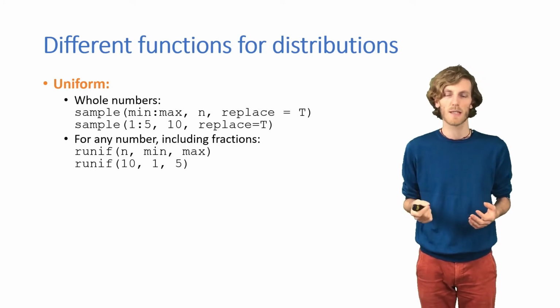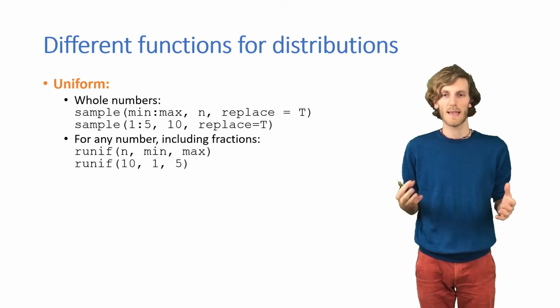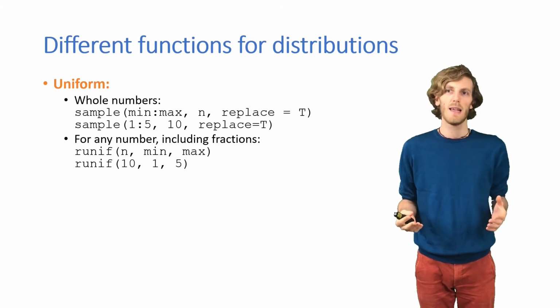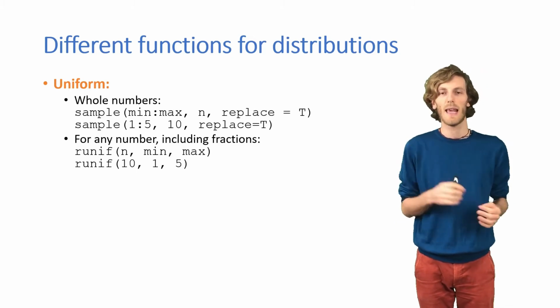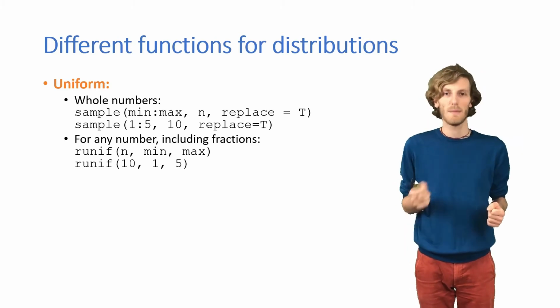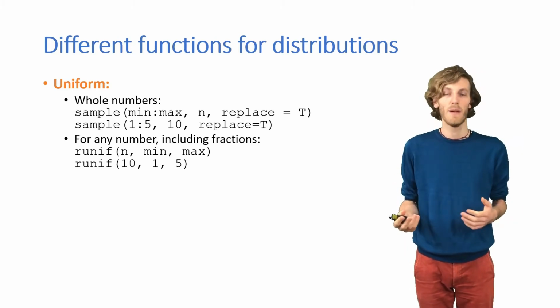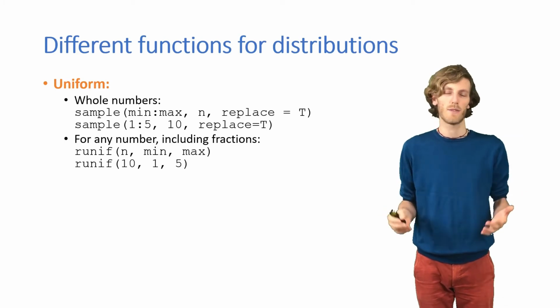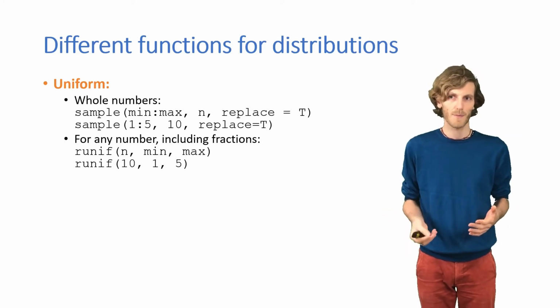The sample function gets a set of items, in this case the numbers from 1 to 5, and then we tell it to take 10 items out of that list and to replace them each time, because the second number should still be drawn out of the whole set from 1 to 5.